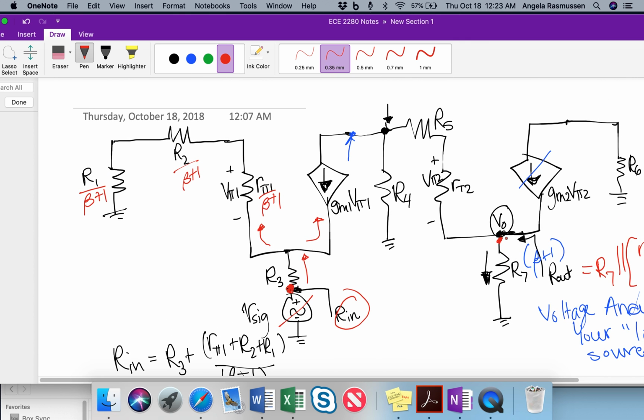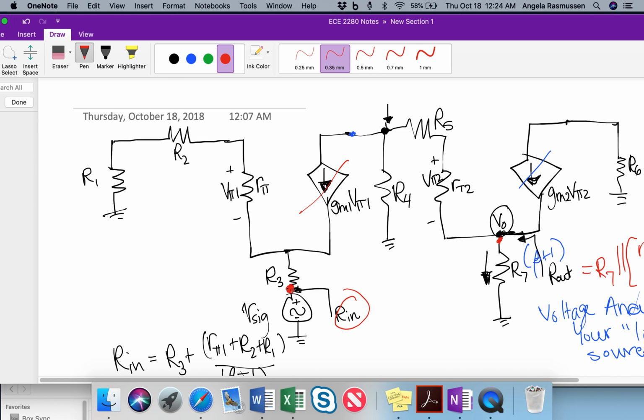So the other value we would need to get is V pi 1. And to get V pi 1, I'm going to erase these for a minute. So from this one, we're going to find V pi 1, and again we want to ignore that dependent current source.